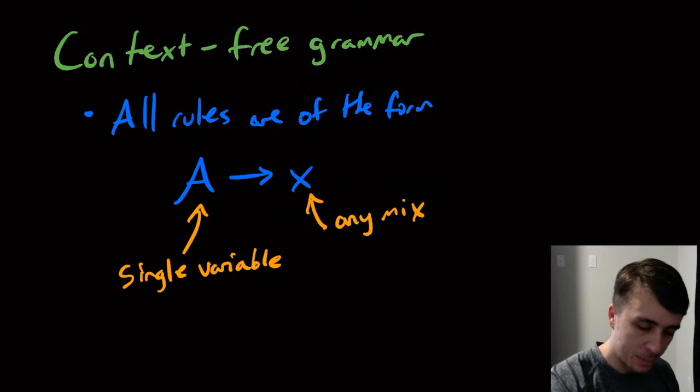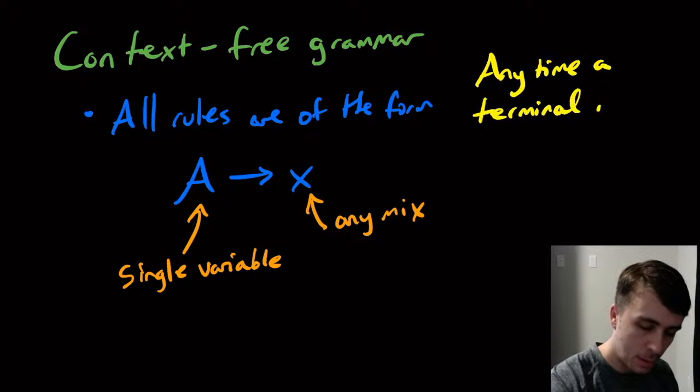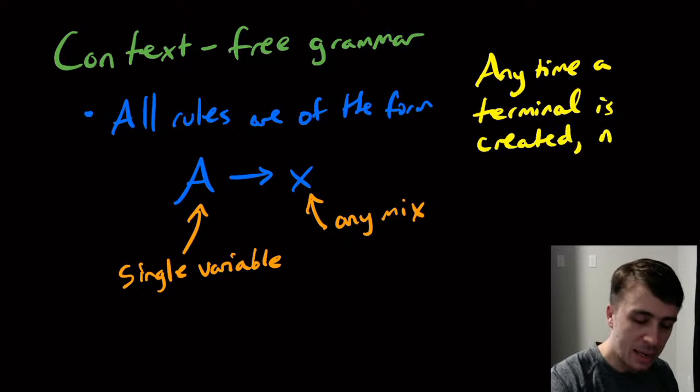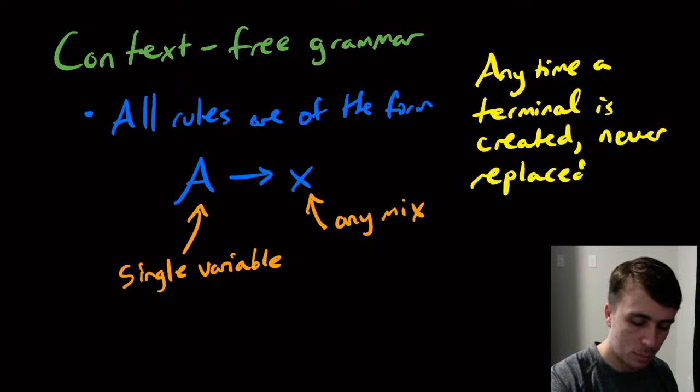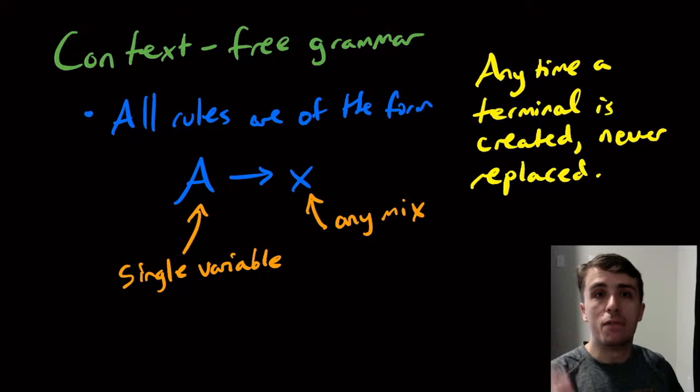So I'll write that down. Anytime a terminal is created, it is never replaced, ever. If a variable is made, then it may or may not be replaced. But once a terminal is made, it can never be replaced.